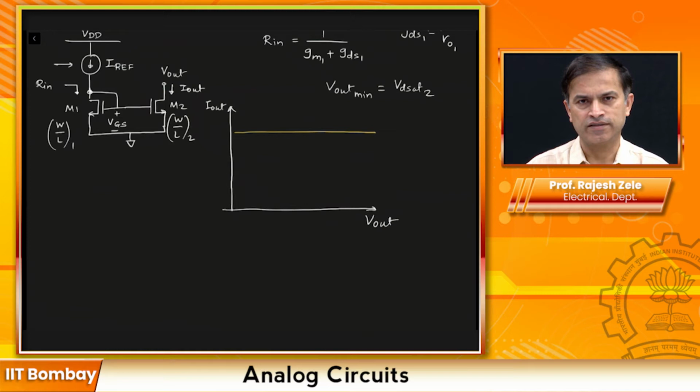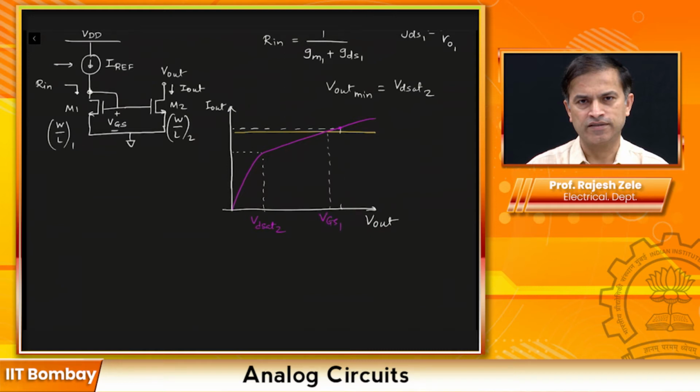However, in this particular case, what we get will look something like this. When V out is less than VD sat 2, the transistor M2 is going to be in the non-saturation region, and from VD sat 2 onwards, it will be in the saturation region.